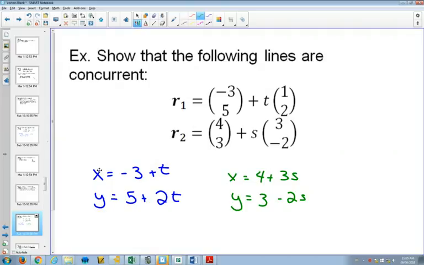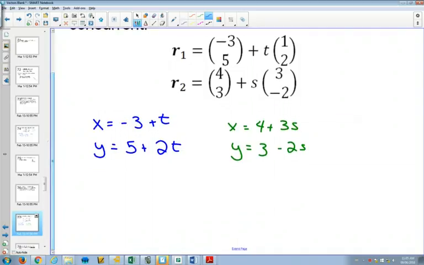If they intersect, there must be a value for t and s that works out to the same point. So what we can do is use these equations, the blue and the green ones, to say that if the x coordinates are the same, then -3 plus t would equal 4 plus 3s.